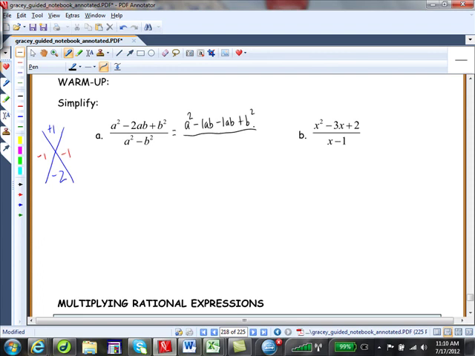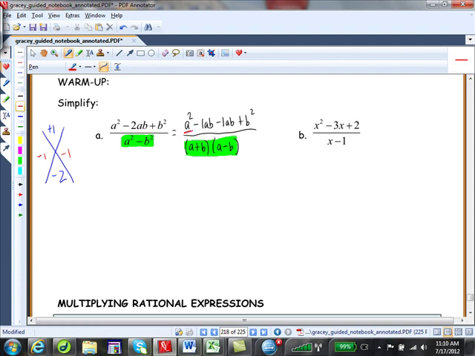And then what do we have going on in the denominator? Very good, we have a difference of squares. So that will factor as a plus b times a minus b. So here we go. This denominator is completely factored. We're still working on this guy.